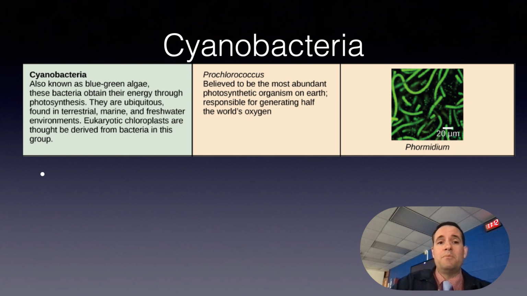Prochlorococcus is believed to be the most abundant photosynthetic organism on the planet Earth, and it's responsible for generating half the world's oxygen. That's worth repeating. This little cyanobacteria guy here is responsible for generating half of the world's oxygen. Now, I'm not talking about in the past, I'm talking about yearly production.